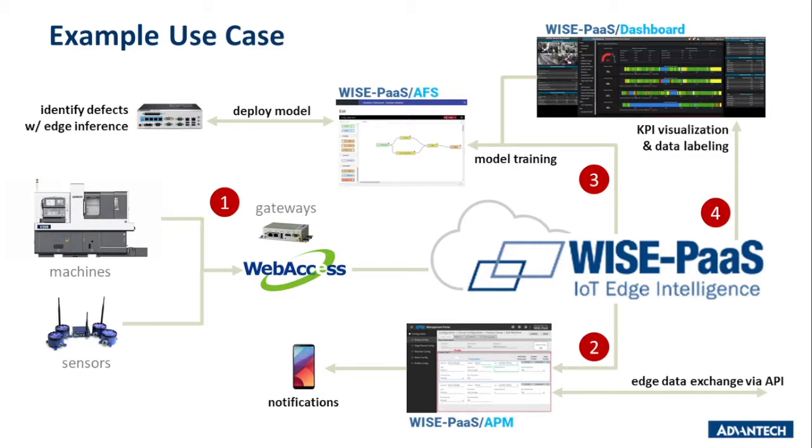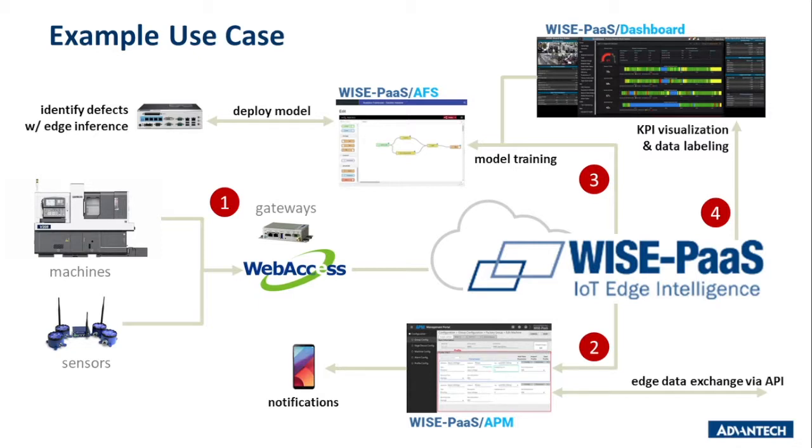And once this data is passed on to WISE-PaaS, we will be able to use existing services such as APM to quickly visualize as well as manage these devices and the data alarming rules associated with them.